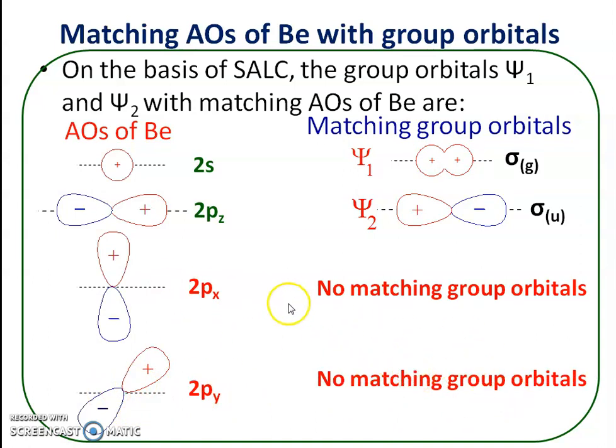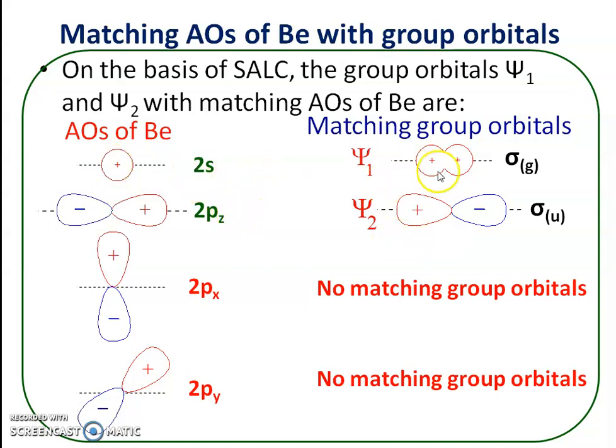So the summary of this point is, in beryllium there are four atomic orbitals, 2s, 2px, 2py and 2pz. There are two group orbitals, psi 1 and psi 2. Out of the various atomic orbitals of beryllium, the 2s atomic orbital matches with the psi 1 group orbital and the 2pz atomic orbital matches with the psi 2 group orbital.